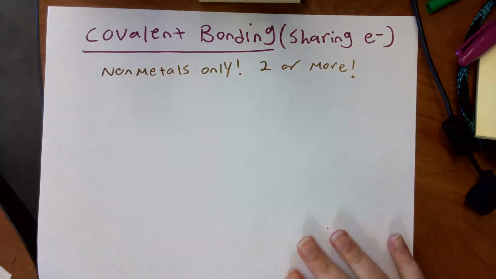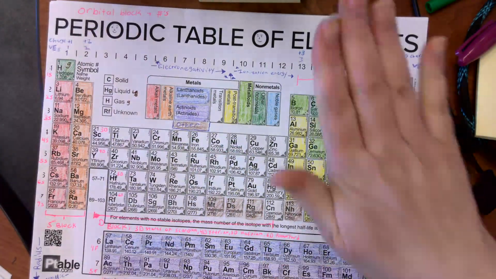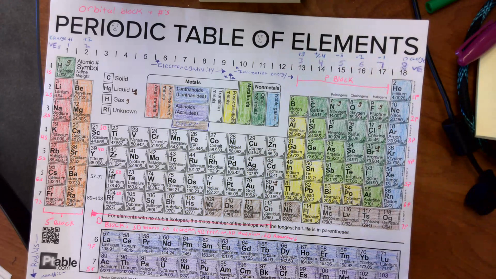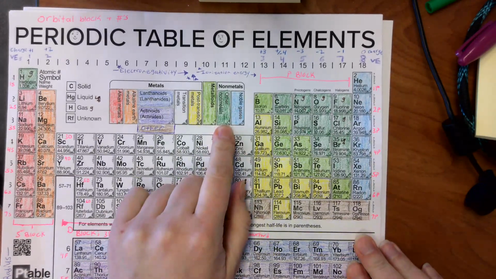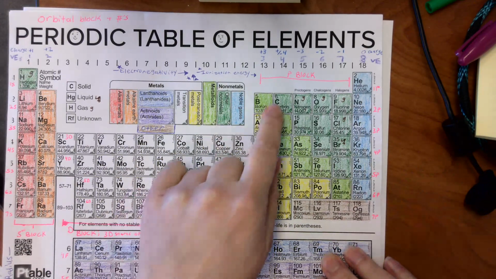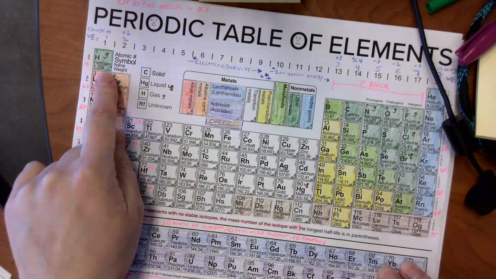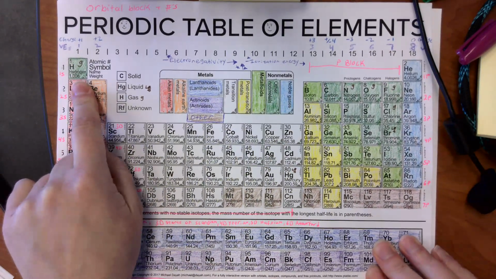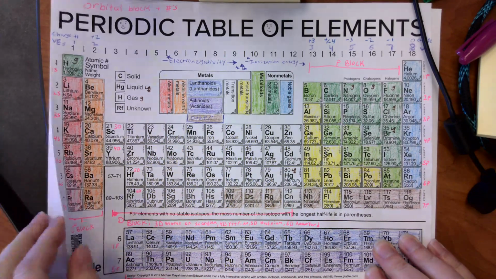So ionic bonding, like we said before, was between one from this side and one from that side. In covalent, we're just dealing with nonmetals, which you'll notice on my periodic table is the dark green color that's right in here, and then hydrogen as well. So those are the only elements that we concern ourselves with covalent bonding.